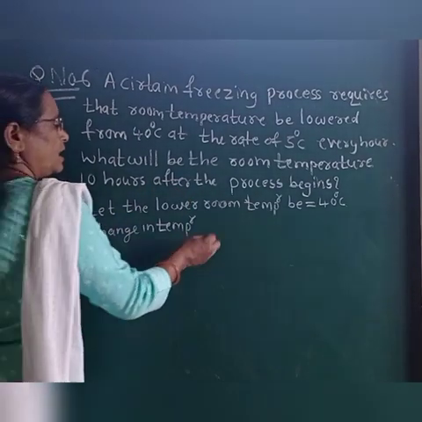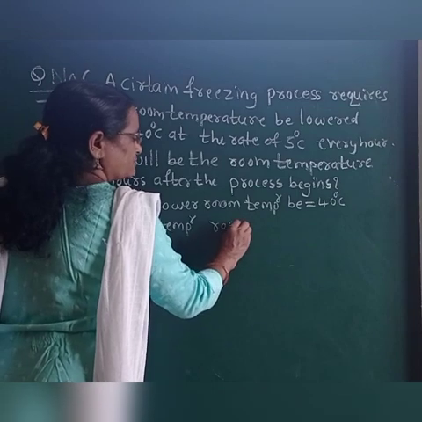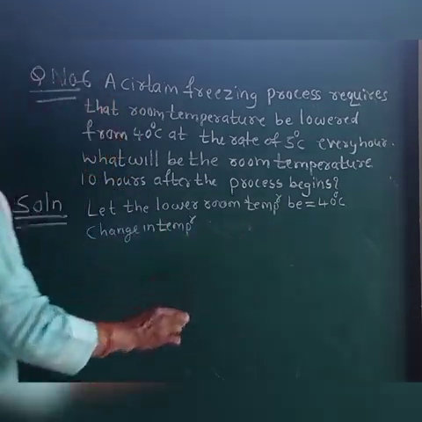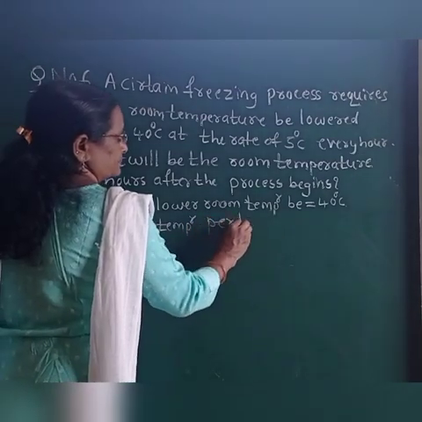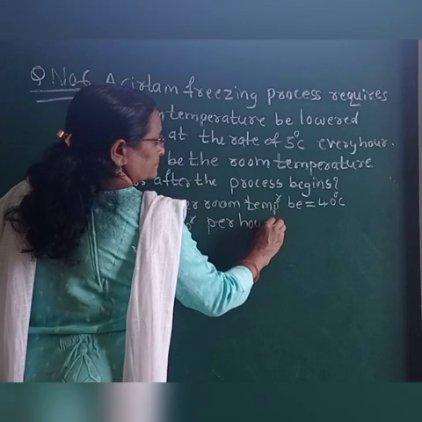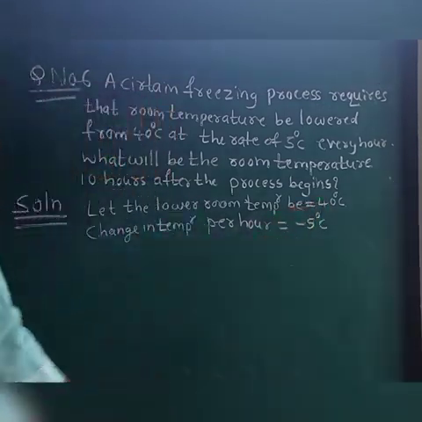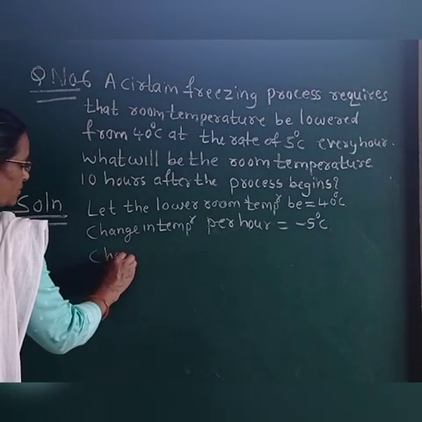So change in temperature per hour is minus 5 degrees Celsius. Change in temperature after 10 hours we have to find.